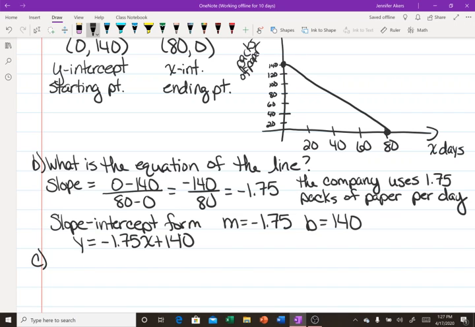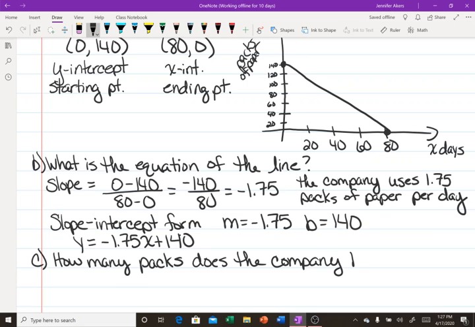Alright, part C. How many packs does the company have after 30 days?